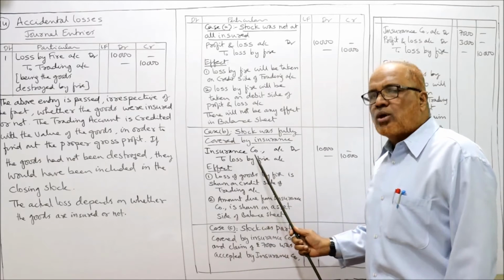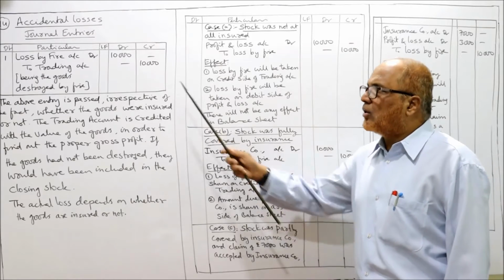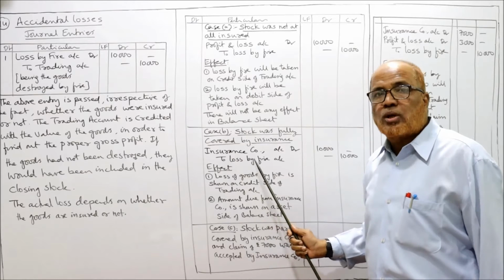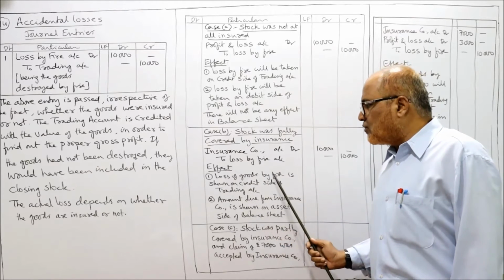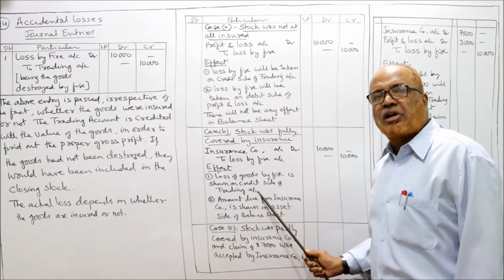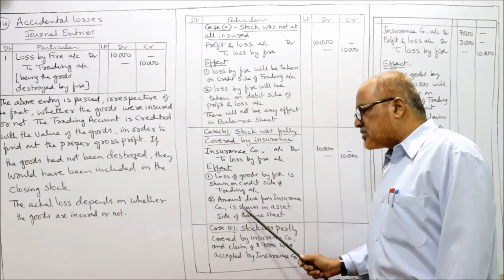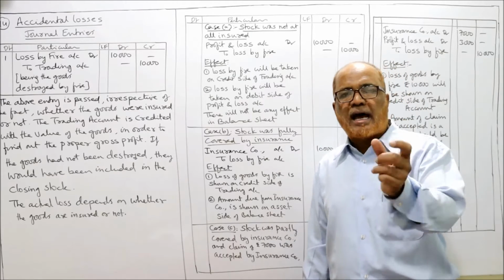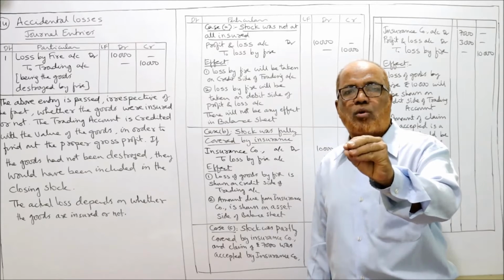So the entry: insurance company account debit to loss by fire. The loss by fire account definitely will be credited because we have to close it, but debit will be given to insurance company account. What is the effect? Loss of goods by fire is shown on the credit side of trading account, and amount due from insurance company is shown on the asset side of the balance sheet, 10,000 rupees.